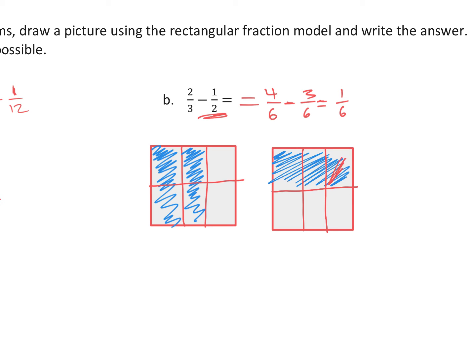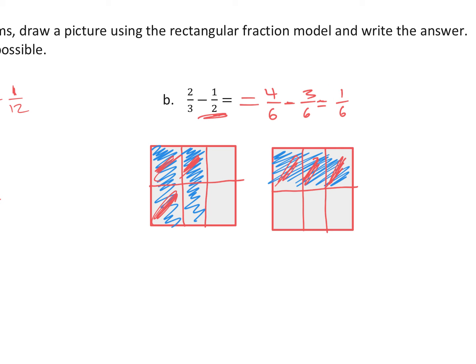I took 1, 2, 3, and I'm going to take off 1, 2, 3 over here, and that leaves us with 1 and 6, right? Excellent. So we got 1/6.